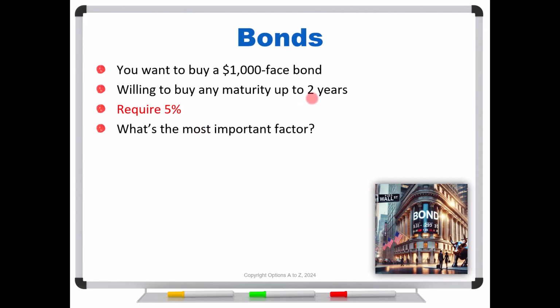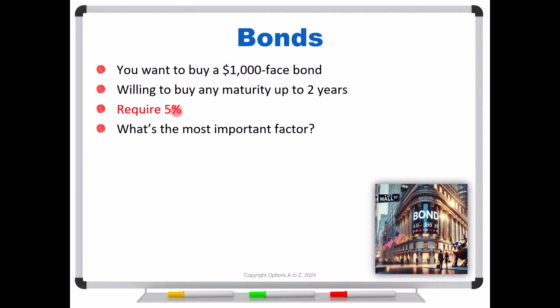Is it that it's 2 years to maturity? What if it's 1.8 years, or 1.9, or 6 months? Does it really matter? No, we said that you were willing to buy any number of maturities up to 2 years. Is the dollar amount entering into the decision? Does it matter if you pay $930 or $950? Well, it really shouldn't, because what you're after is a 5% yield.